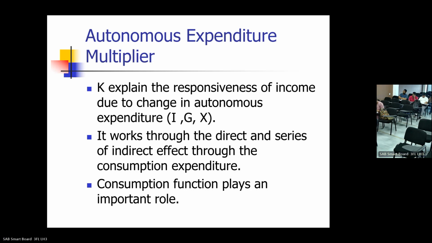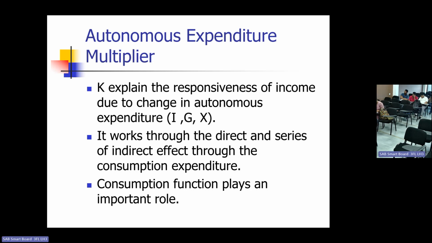The investment multiplier is the same, the government expenditure multiplier is the same, the export multiplier is the same. The import multiplier becomes negative: minus 1 over 1 minus C1 plus M1. We can assume only the change in income, like we did earlier.